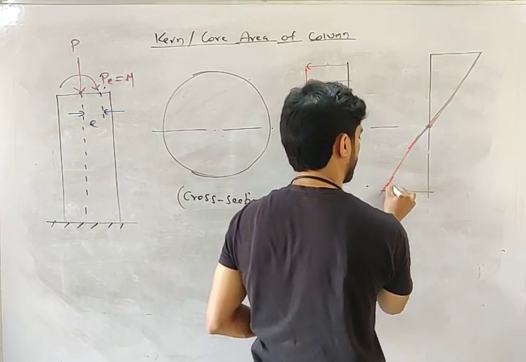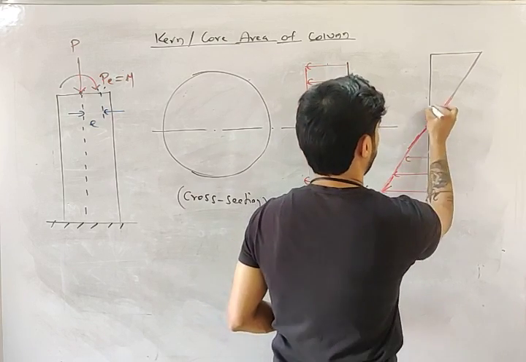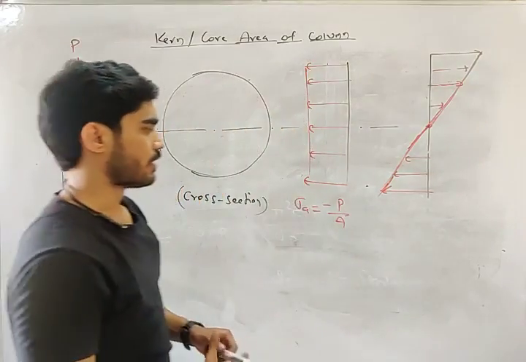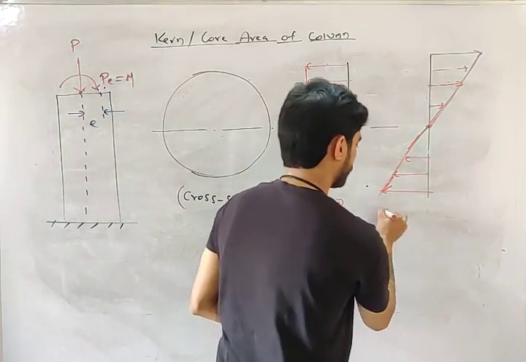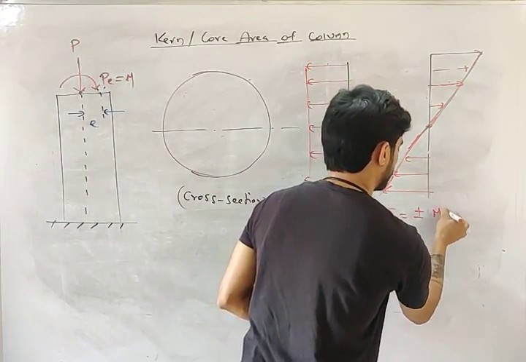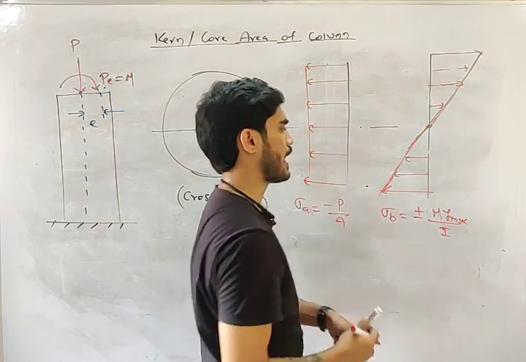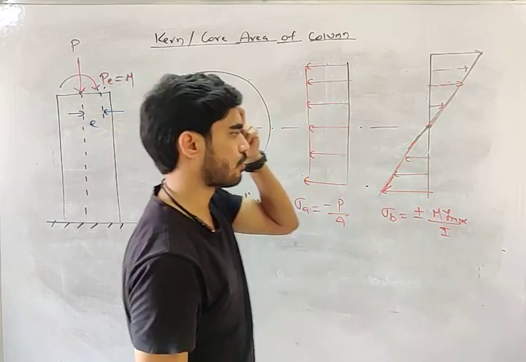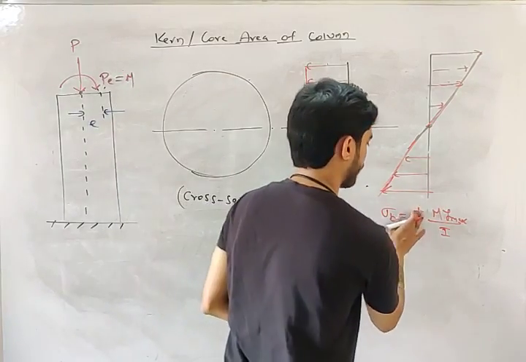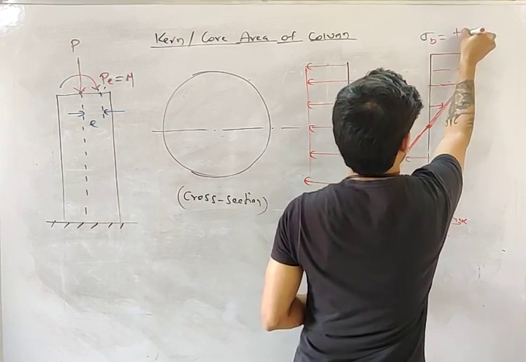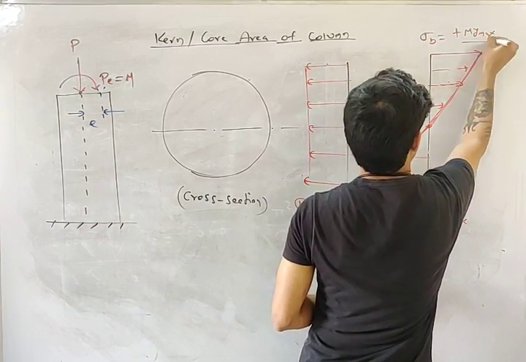Sigma B is plus minus M y by I. This will be minus M y maximum by I, and this will be plus M y maximum by I.